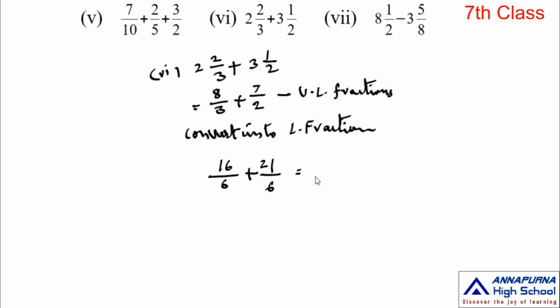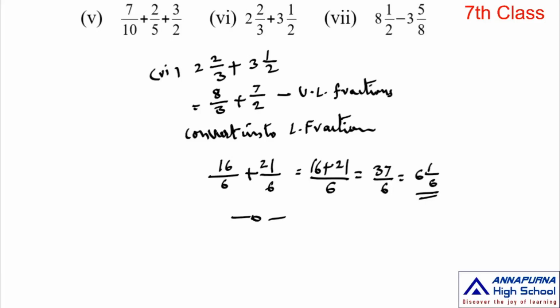The sum of like fractions is the sum of the numerators by the common denominator. 16 plus 21 by 6, which is 37 by 6. Again we got an improper fraction, which is 6 6s are 36, remainder 1, so 6 1 by 6. So this is the addition and subtraction of fractional numbers.